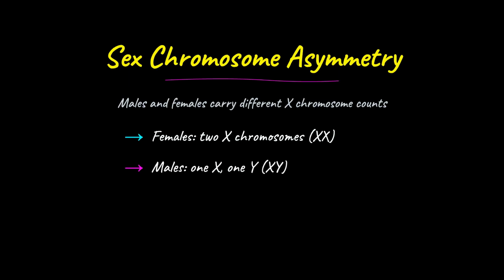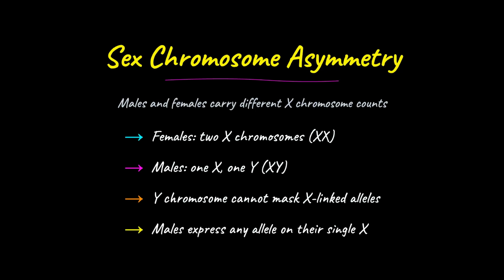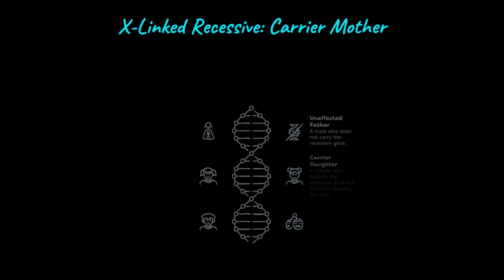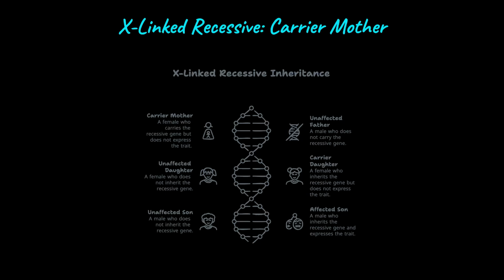Males carry only one X and one Y. Because the Y does not carry a matching gene, whatever allele sits on a male's single X is expressed directly, dominant or recessive. When a carrier mother passes her recessive X to a son, he expresses the condition because no second X is present to mask it.